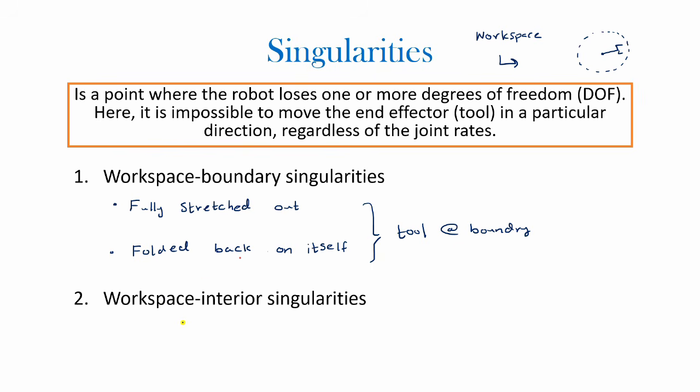In workspace interior singularities, the tool is no longer at the boundary, but two or more joint axes would line up with each other for this particular type of singularity to take place.